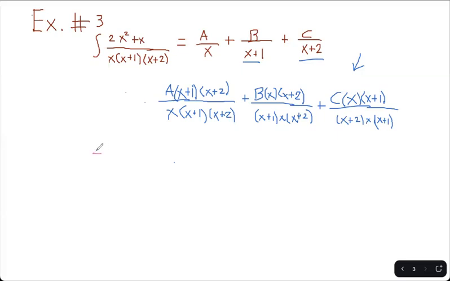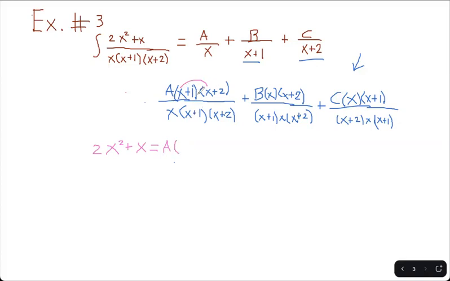So 2x squared plus x equals. So quick note, I would expand these two. I would write it like this real quick.